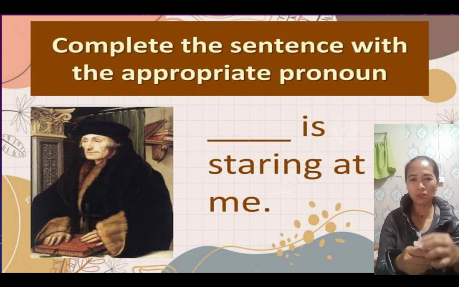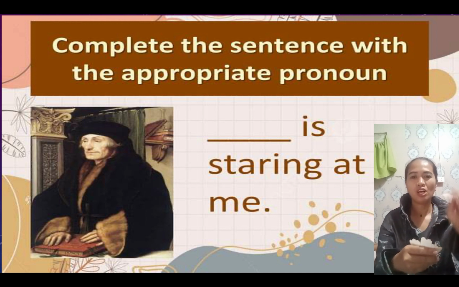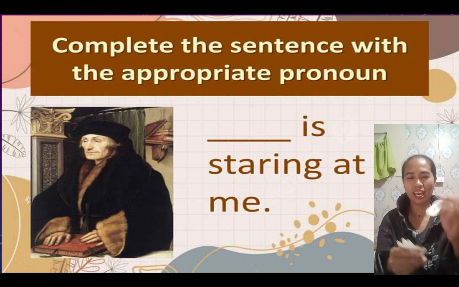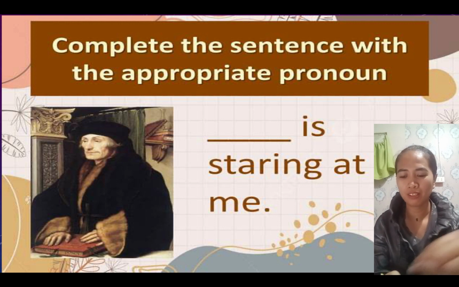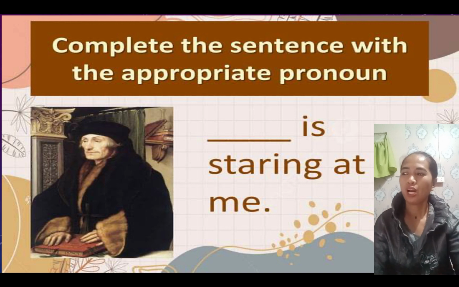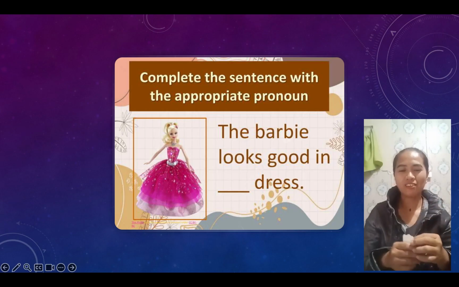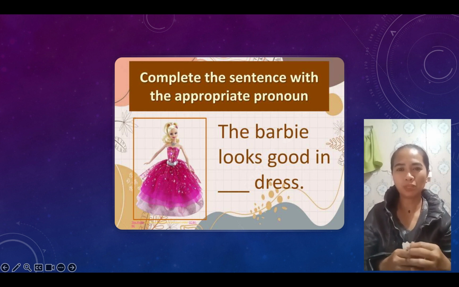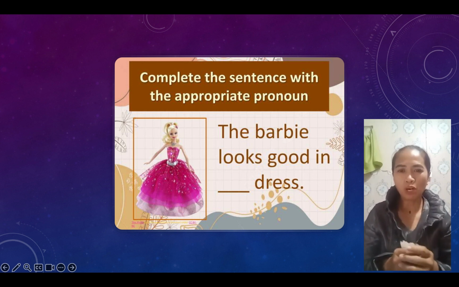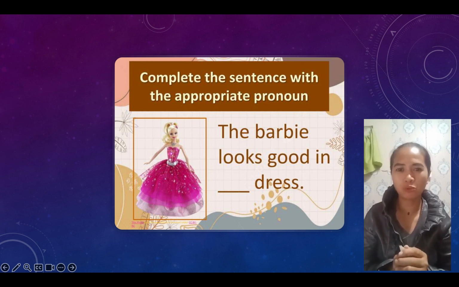The second number that I will be picking is 2. Okay. Pass the pen 2 times. 1, 2. Okay. The second question is: The Barbie looks good in blank dress.